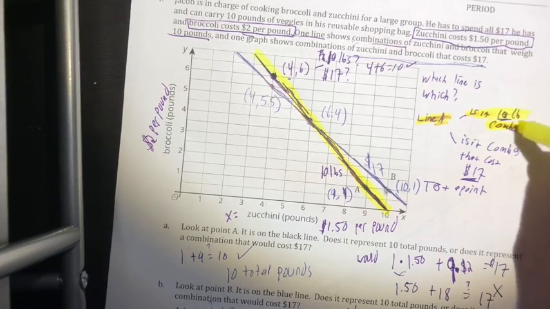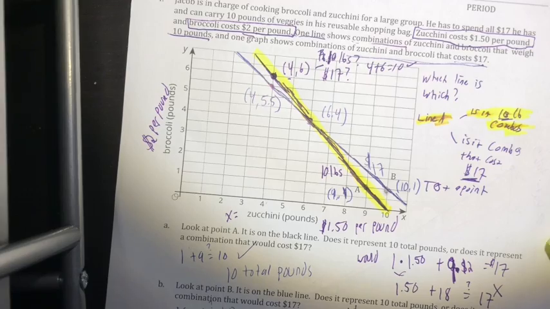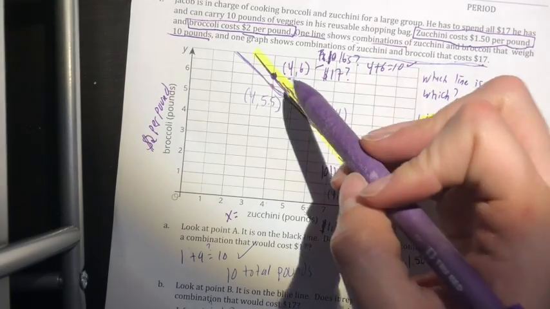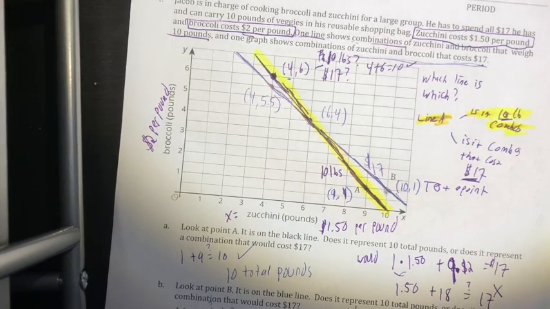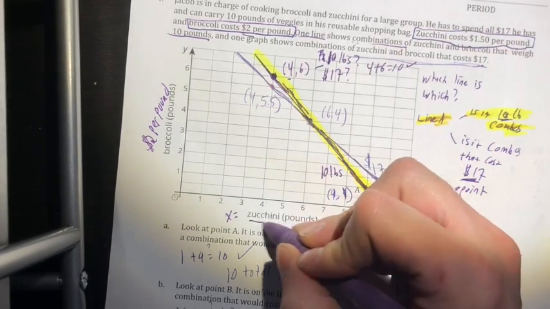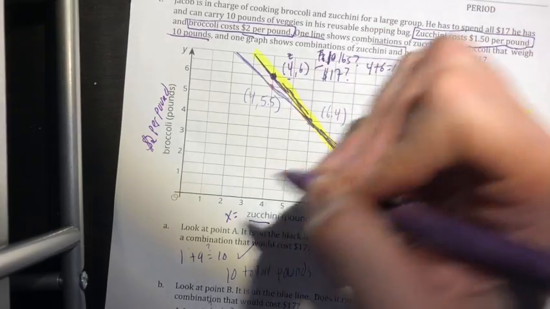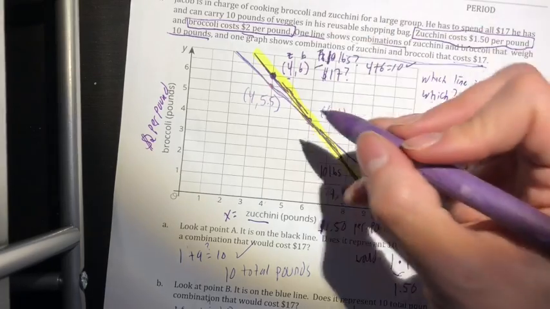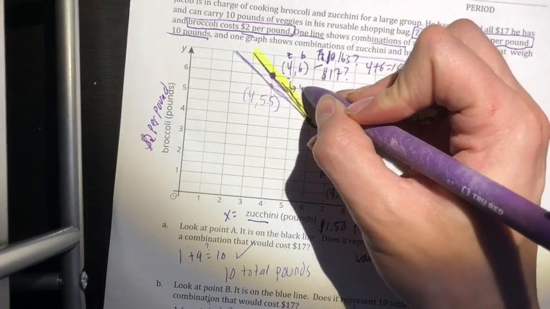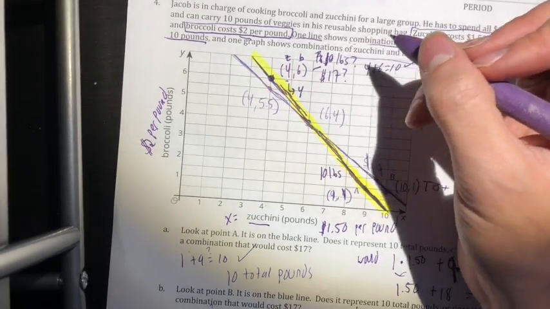And I can prove it's also not a $17 combination, because a $17 combination would have to add to $17. So let's see, x is zucchini and y is broccoli. So I should make sure I know that. And zucchini, as we know, is $1.50 per pound.